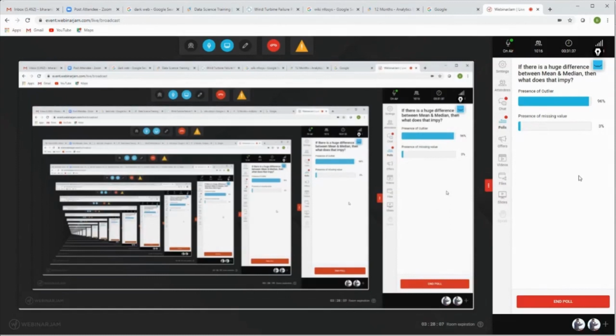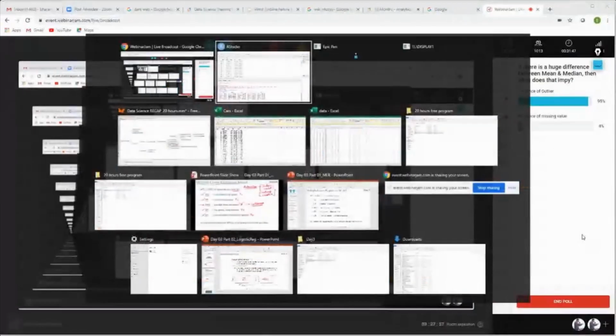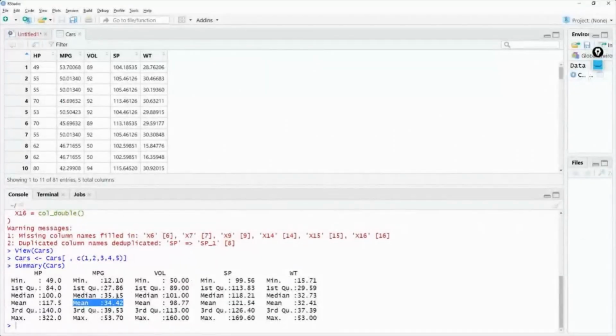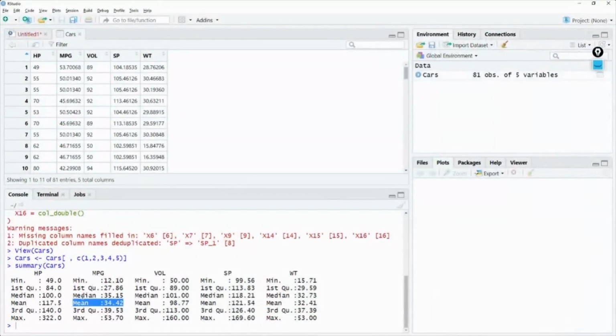Almost 100%, 96% of you are saying that it is presence of outliers. Absolutely. If there is going to be a huge difference between mean and median, that means you will have outliers in your data.